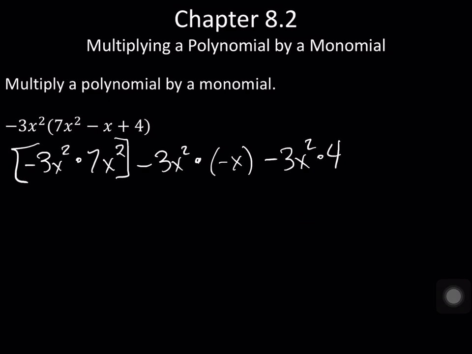Where the negative 3 times the 7 is negative 21, and the x squared times the x squared is x to the 4th, right? And then this piece here where the negative 3x squared is being multiplied times the negative x. So a negative times a negative, remember, is a positive. And I hear some of you thinking already, that's not a negative, that's a subtraction.